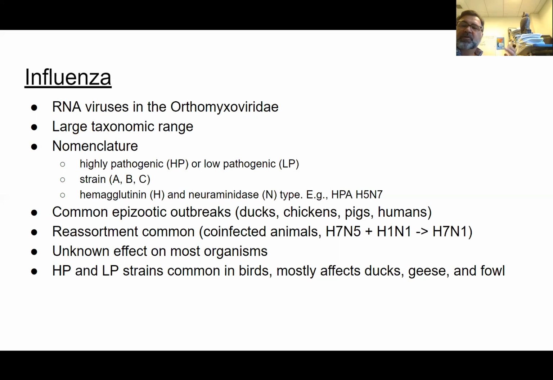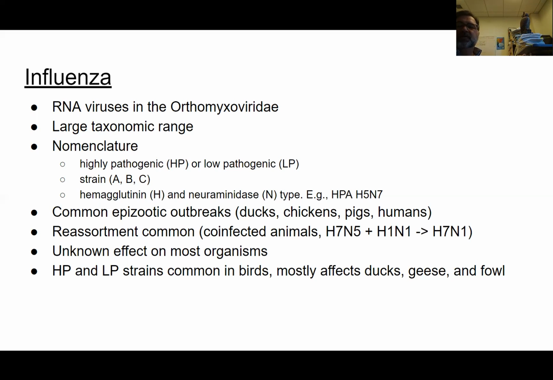A and B are the ones that are common in humans. And then the nomenclature includes the hemagglutinin or the neuraminidase variant. And so you put these all together and you get something like HPA H5N7. So that stands for highly pathogenic strain A, and then H5N7 refers to the hemagglutinin and neuraminidase variants.